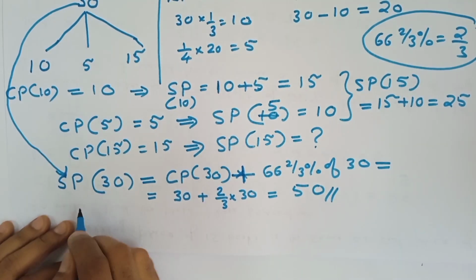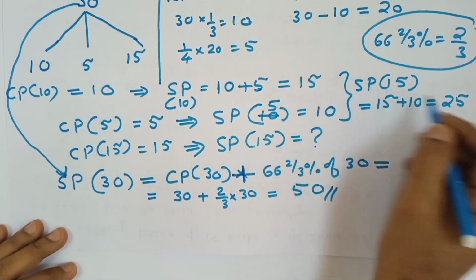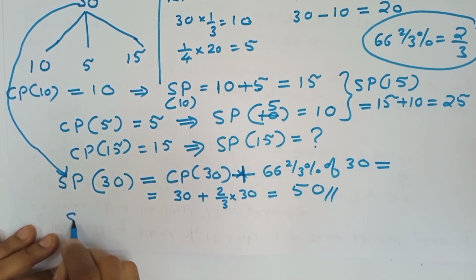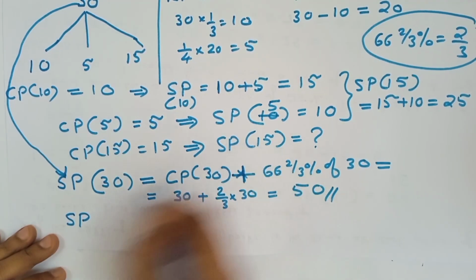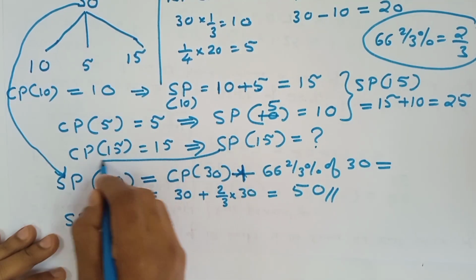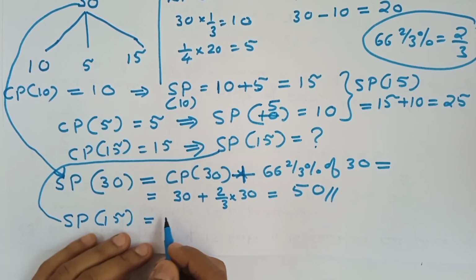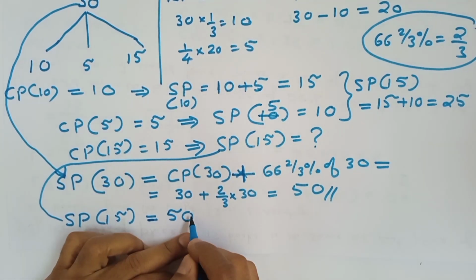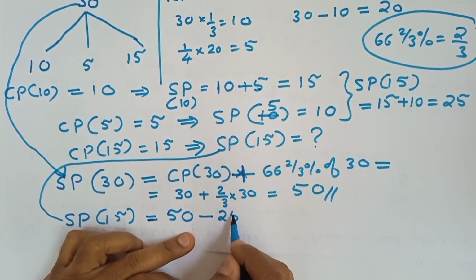Now totally he has 30 apples. Totally he wants 50 rupees. From 15 you go 25. So from the remaining, that means here, this is the one I am writing again here. Okay. From this he should get the balance amount. 50 he wants to get, 25 he already has.